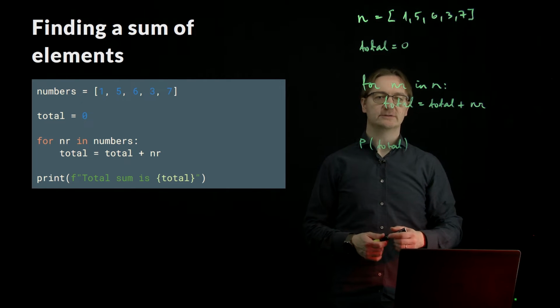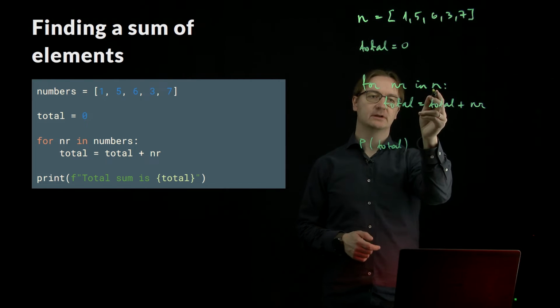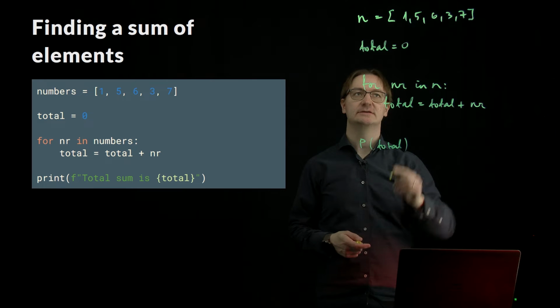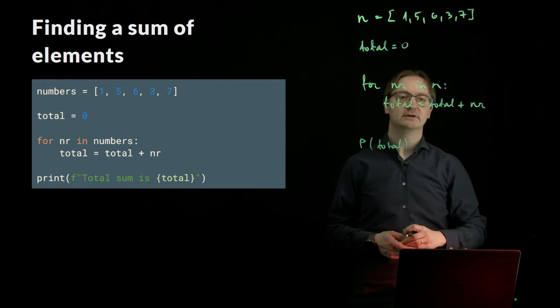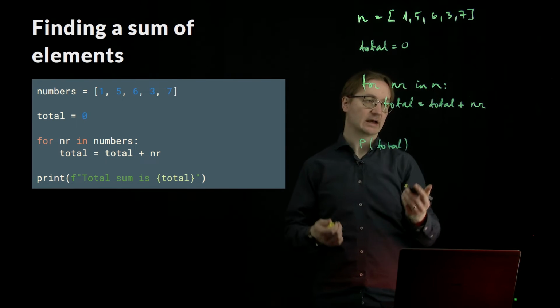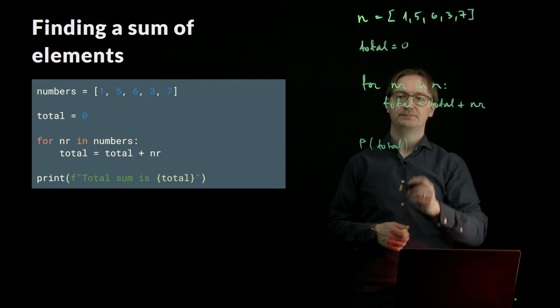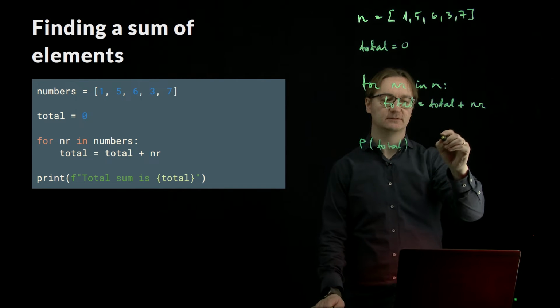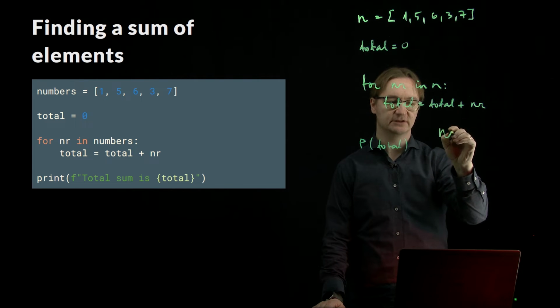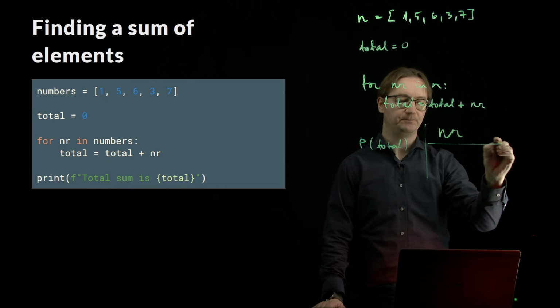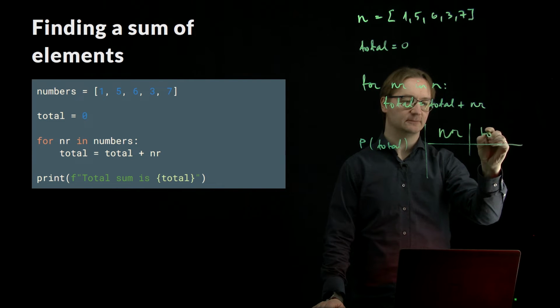So how it works. The for loop takes elements one by one from this list. Basically we can write it as a table. There is a number value, and then we have the total value.